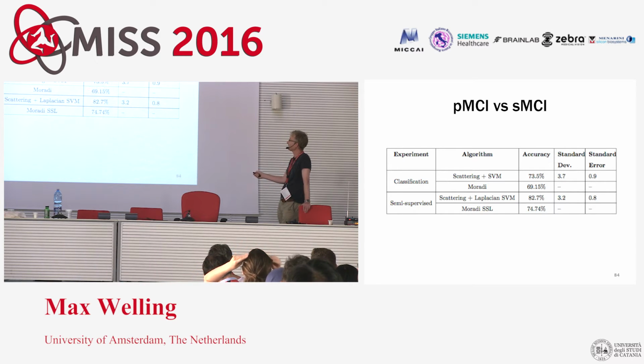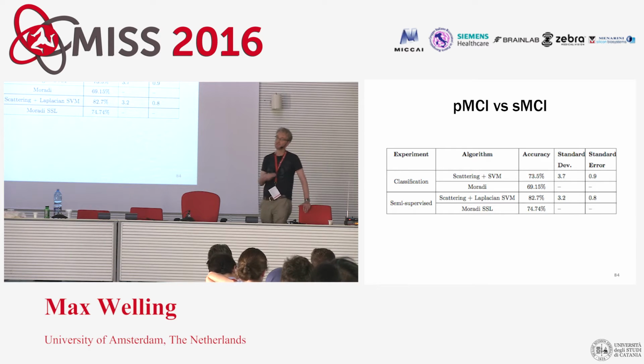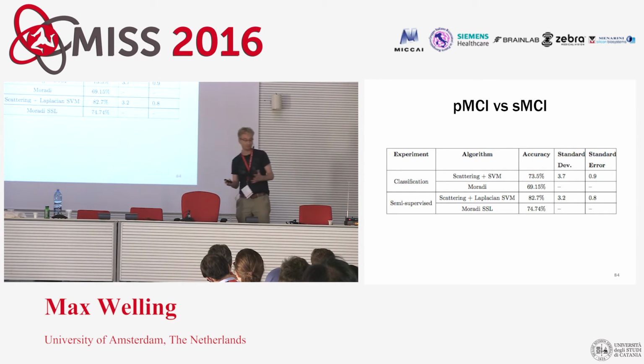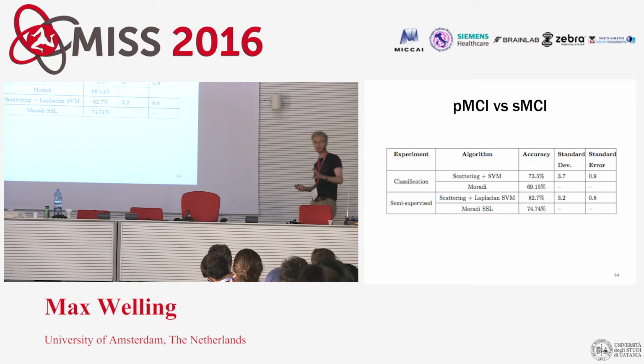We got to 73, where the state of the art was 69. And then if we did scattering plus Laplacian SVM, which is a semi-supervised learning method, where you use some unlabeled data as well, we got it to 82%, which I think at this point is state of the art. But ADNI is cut in many different ways, and so sometimes it's not so easy to compare to other methods.